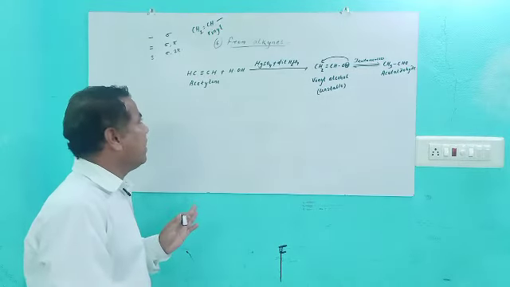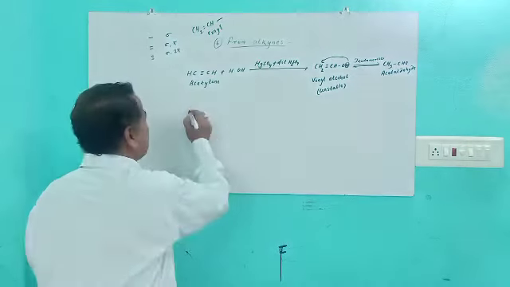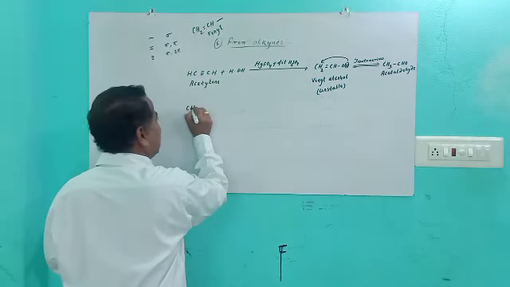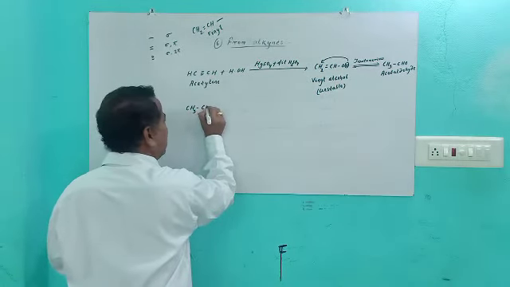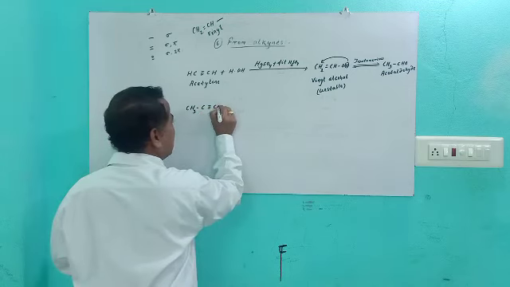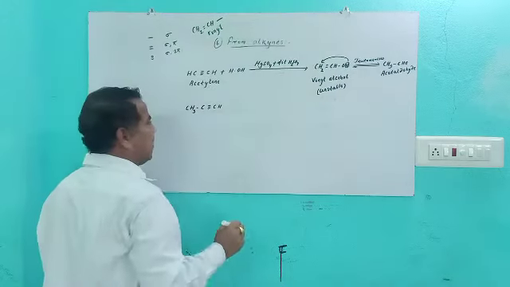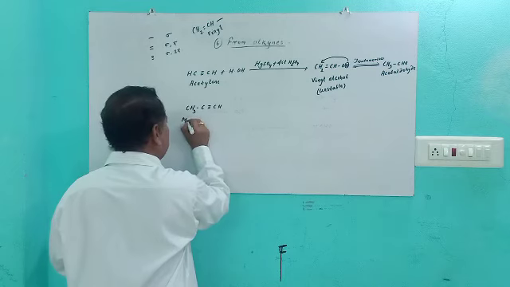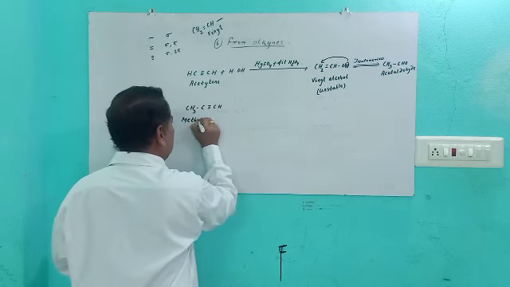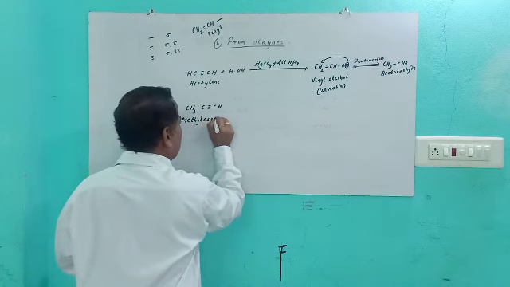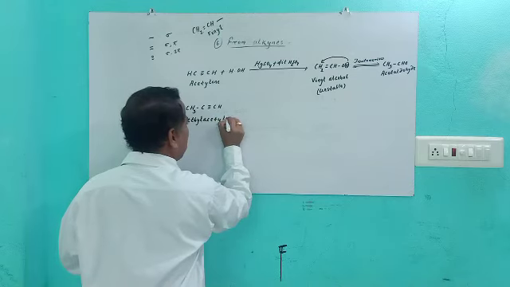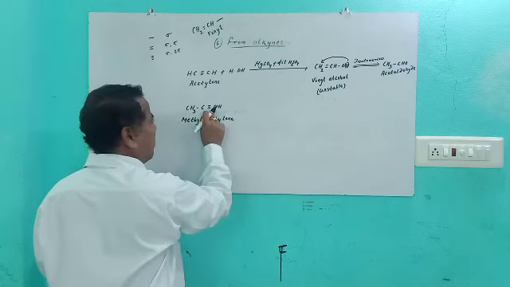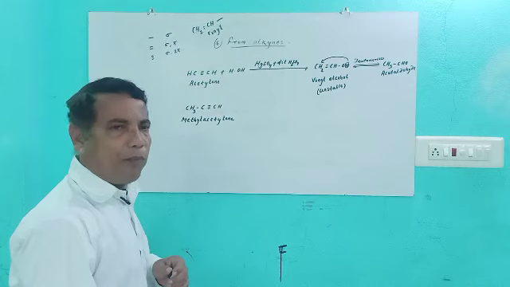If you take methyl acetylene, the second member of the alkynes, that is CH3 single bond C triple bond CH, its common name is methyl acetylene. Its IUPAC name is propyne.